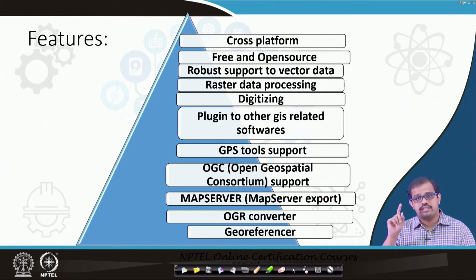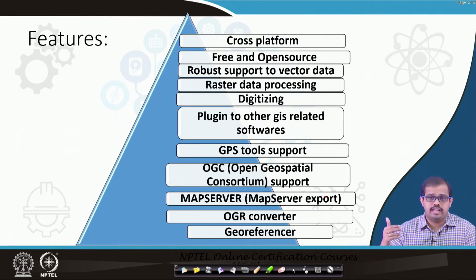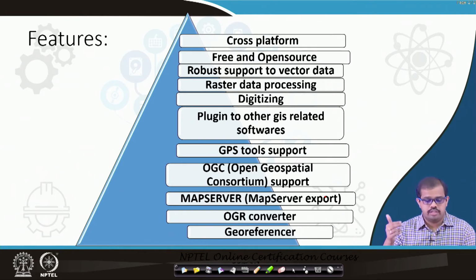That's how it is very different from many of the other softwares. And GPS tools. Many proprietary software do not offer support for GPS, when you have collected data and you have to put it on the right platform, it may not be possible. So GPS tool support is available in QGIS.